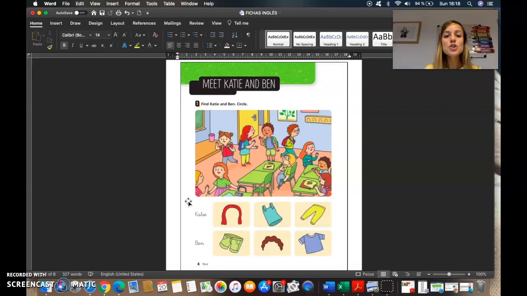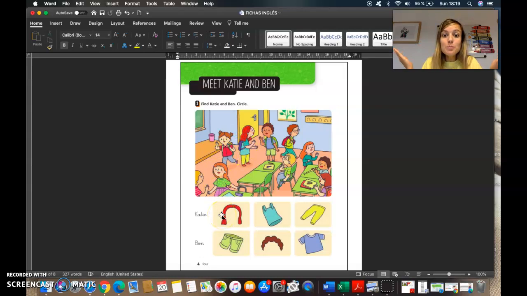Katie has got long red hair, like here, and a blue dress, and yellow leggings like these ones. Okay. Can you tell me where is Katie in the picture? Fantastic, is this girl, great. And she wears a blue or maybe purple backpack with her books.